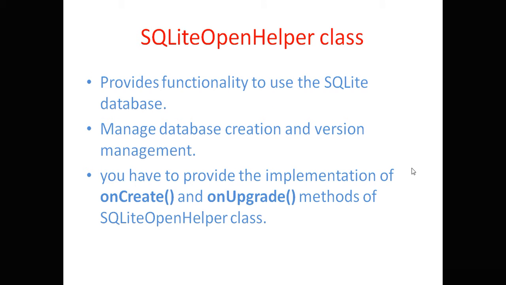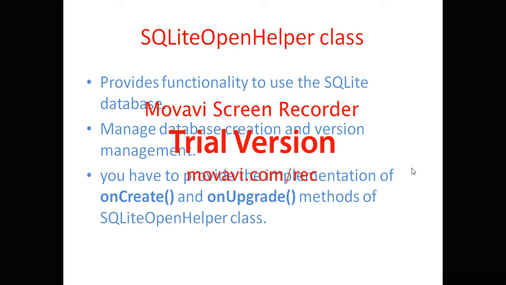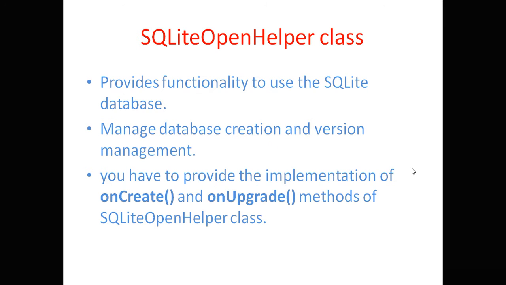SQLite Open Helper class provides the functionality to use the SQLite database. It is used for database creation and version management. To work with the SQLite Open Helper class, you have to provide the implementation of onCreate and onUpgrade methods of SQLite Open Helper class.